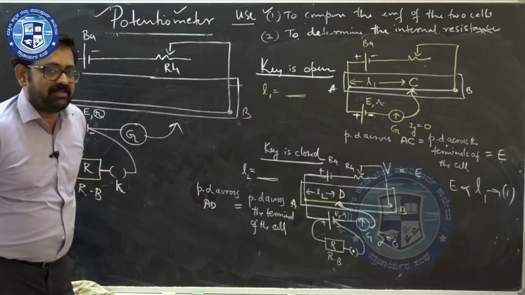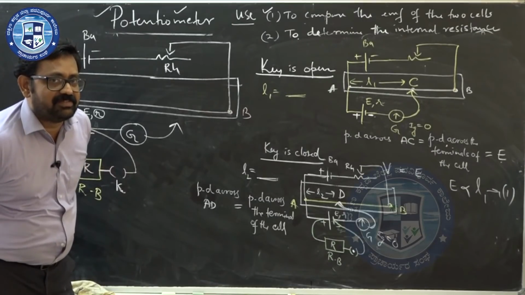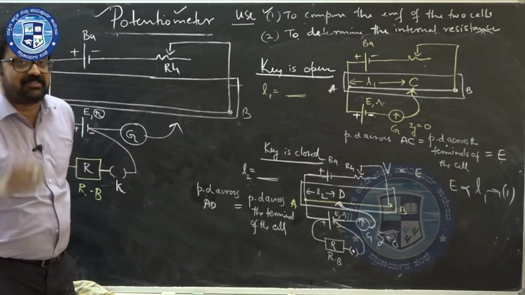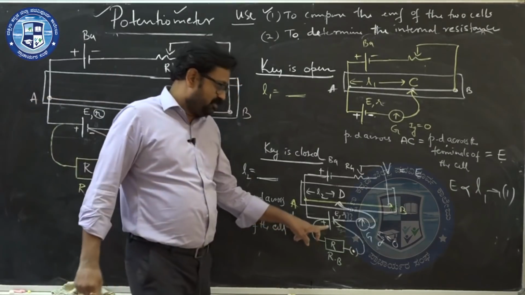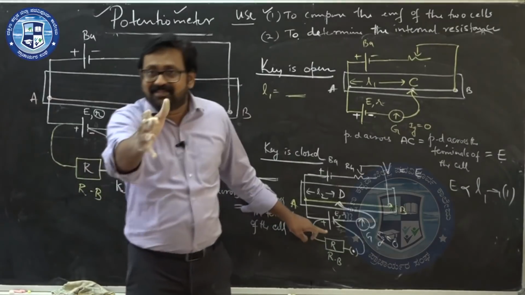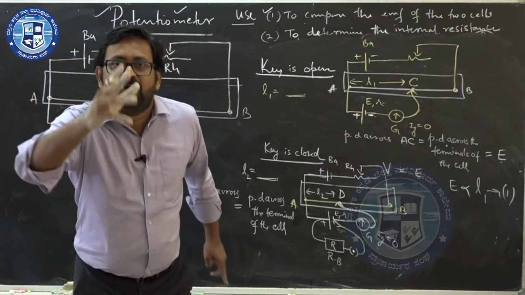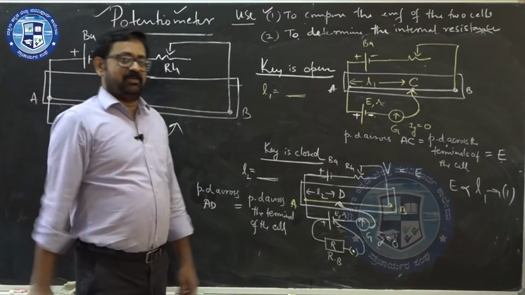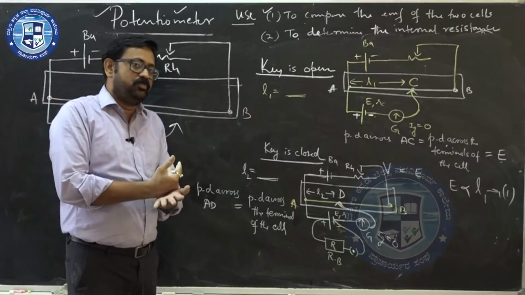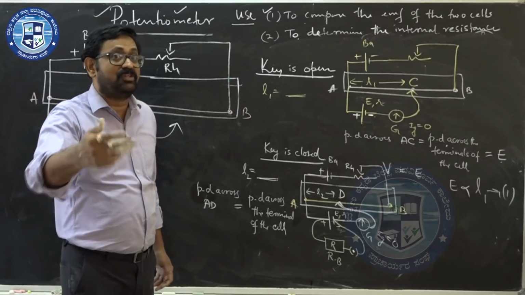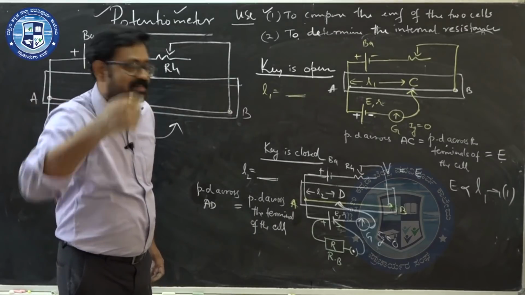Now coming to the climax, is it equal to the EMF of the cell? This time no. It is not equal to the EMF because the cell is not in open circuit, the cell is in closed circuit. A cell is said to be in closed circuit when current is drawn from the cell by the circuit element.